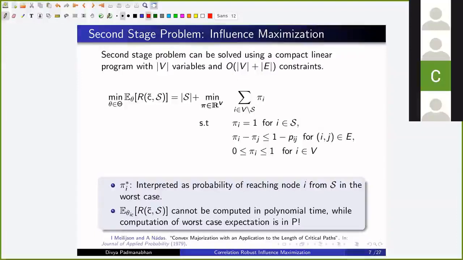Remember that in the independent cascade model, where the joint distribution was specified via independence, the expected value could not be computed in polynomial time. Whereas here, for the worst case expectations, if you don't impose a joint distribution, the worst case expectation is computable in polynomial time via this linear program.